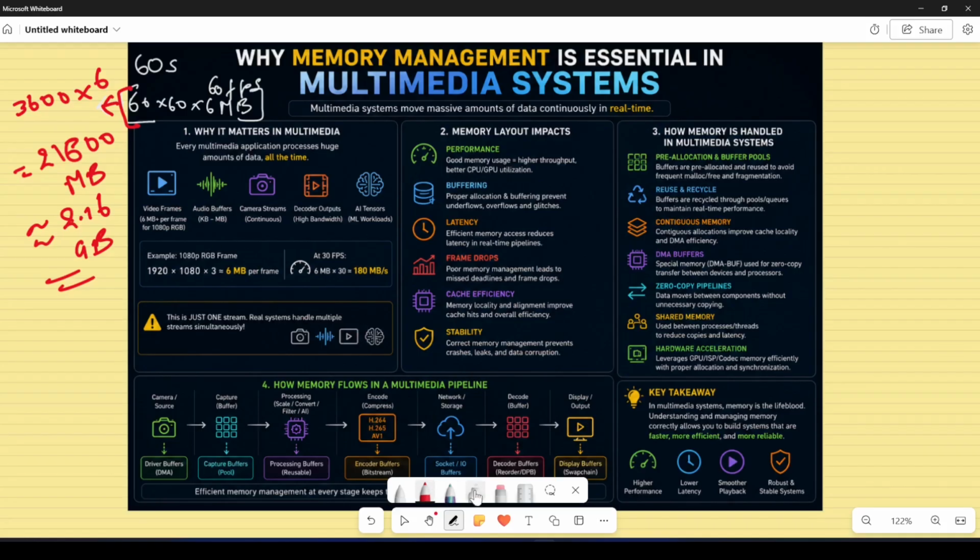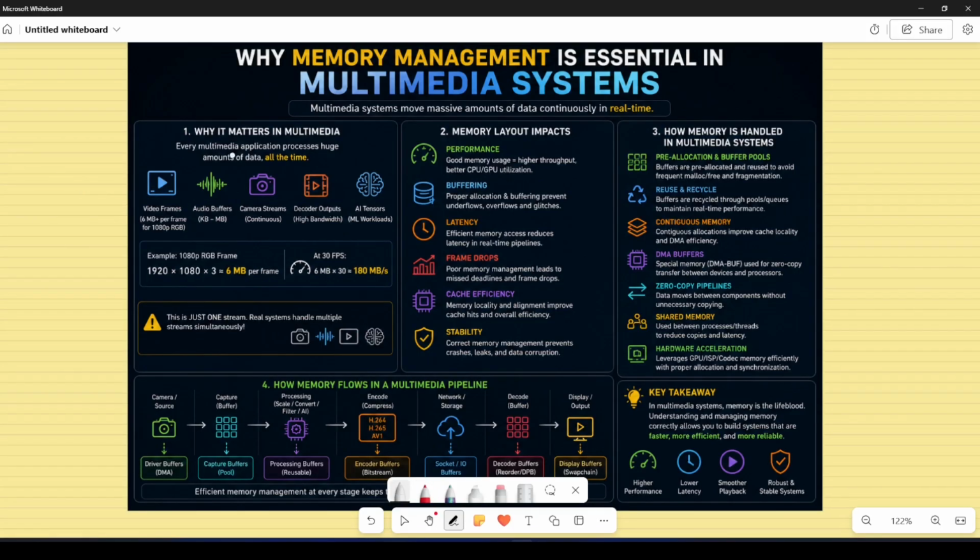So you can just imagine, right? Coming to the infographics, why memory management matters in multimedia. As I explained earlier, multimedia processes a huge amount of data all the time. There are multiple systems that are part of the multimedia pipeline: video frames, audio buffers, camera sources, decoders, and AI tensors being utilized in parallel.